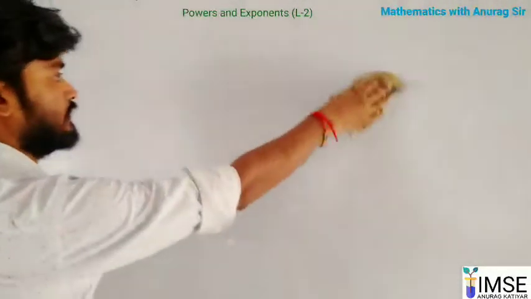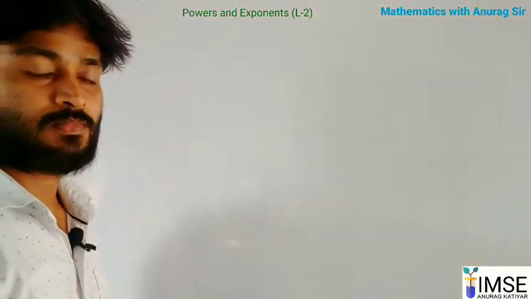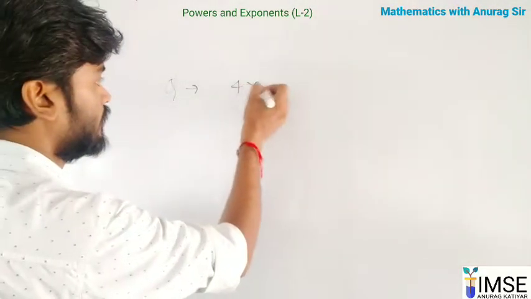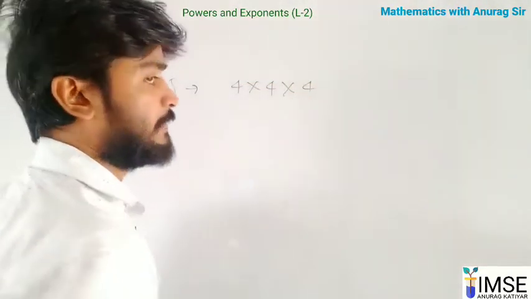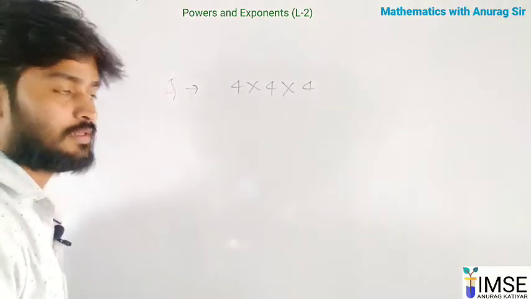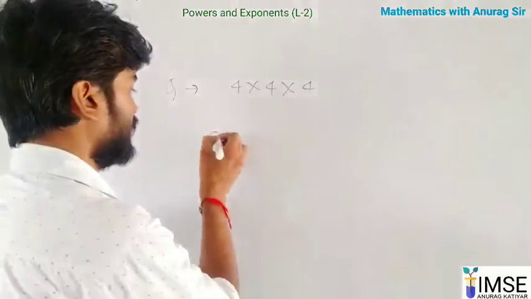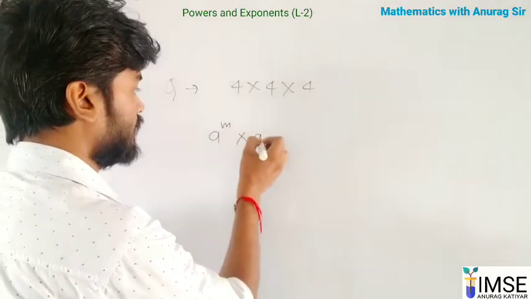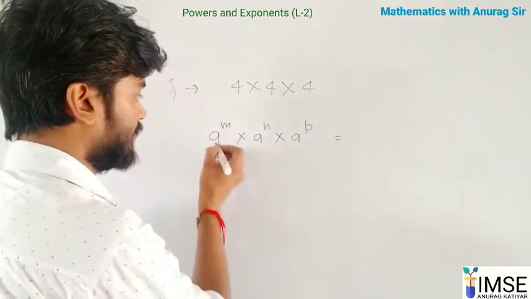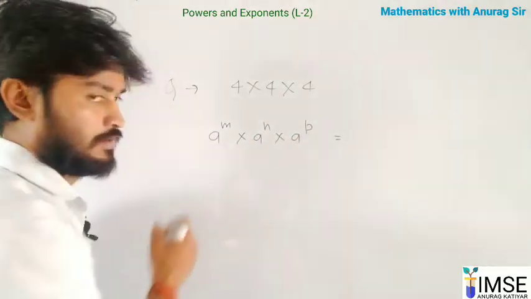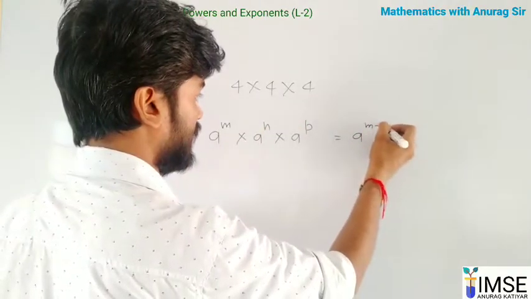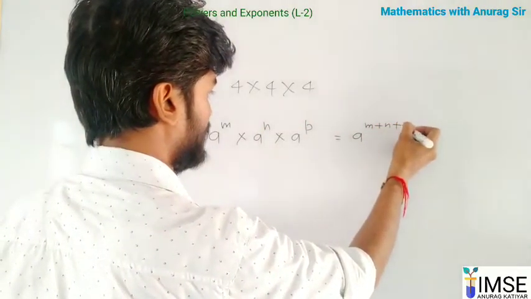If I change the given number, the question is 4 into 4 into 4, into exponential form, we just apply the formula a to power m into a to power n into a to power p. If the bases are the same, we add these indices, m plus n plus p.